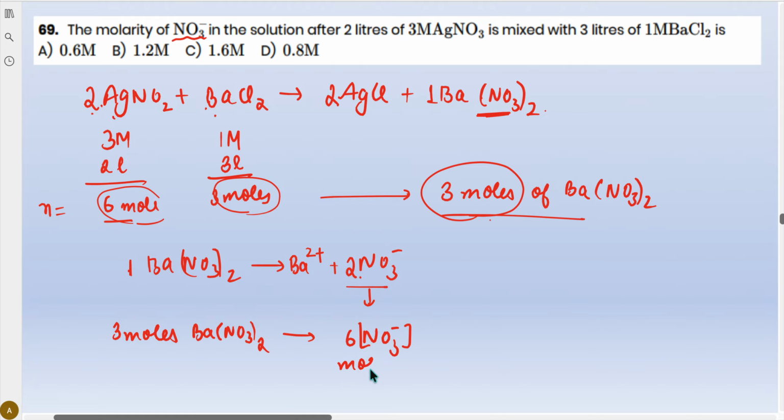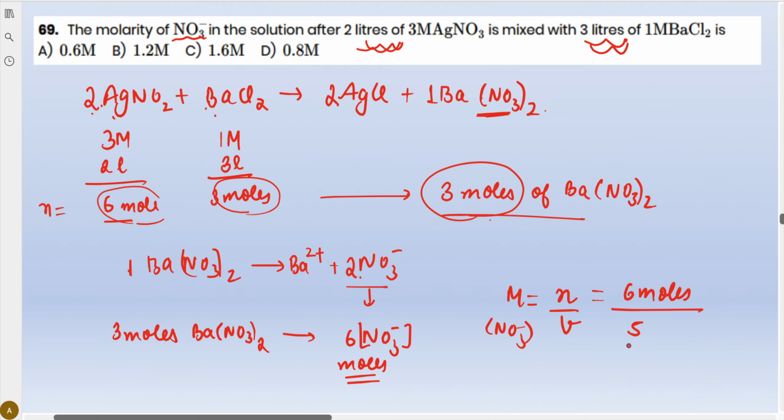Now molarity is the number of moles divided by the volume of solution. 6 moles of nitrate, divided by the total volume: 3 liters is added to 2 liters, so total volume will be 5. So 6 by 5 will come 1.2 molar. So the correct answer will be B.